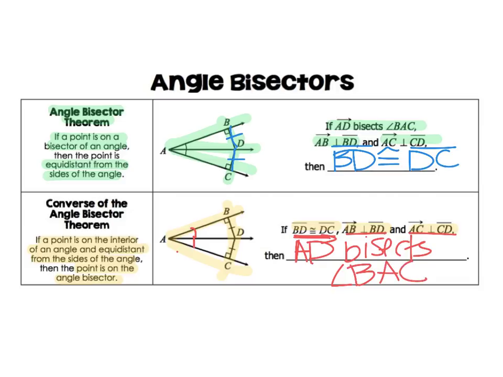And then what this tells us, if we know that AD bisects angle BAC, then we know that the measure of angle BAD is going to be congruent to the measure of angle CAD. All right, so that is what we can determine from the converse of the angle bisector theorem.